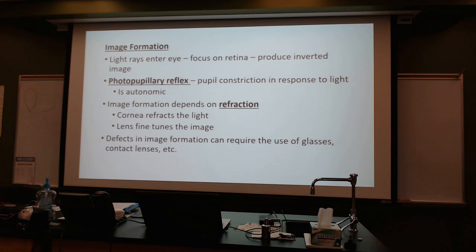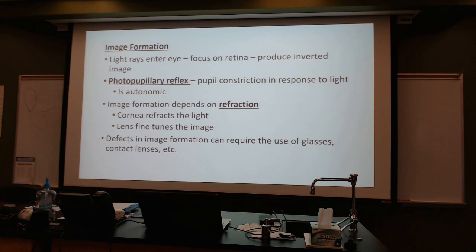When we look at any type of defects in an image, those can require the cases where we may need glasses, contact lens. Some people go so far as to have laser surgery and so forth.